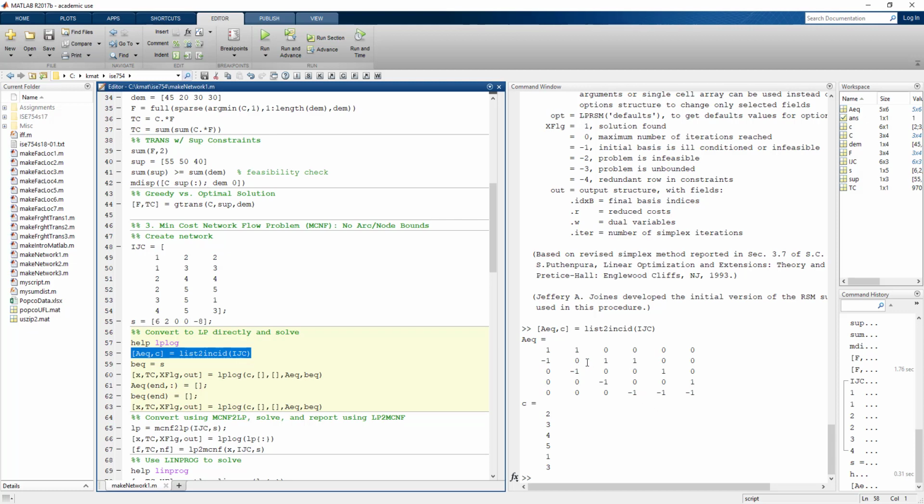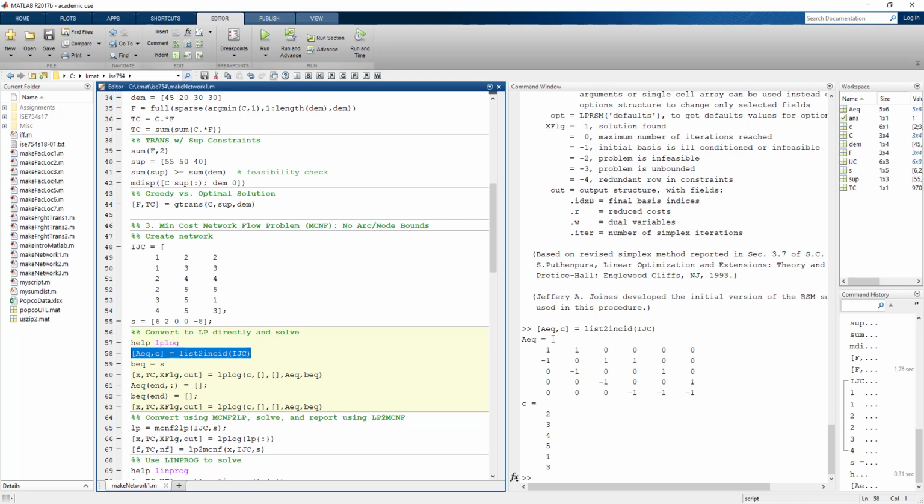And then in the incidence matrix, there's a +1 for the origin and a -1 for the destination of each arc. That's one of the reasons in the arc list that we use a minus sign. It sort of follows this incidence matrix way of representing the destination of an arc.